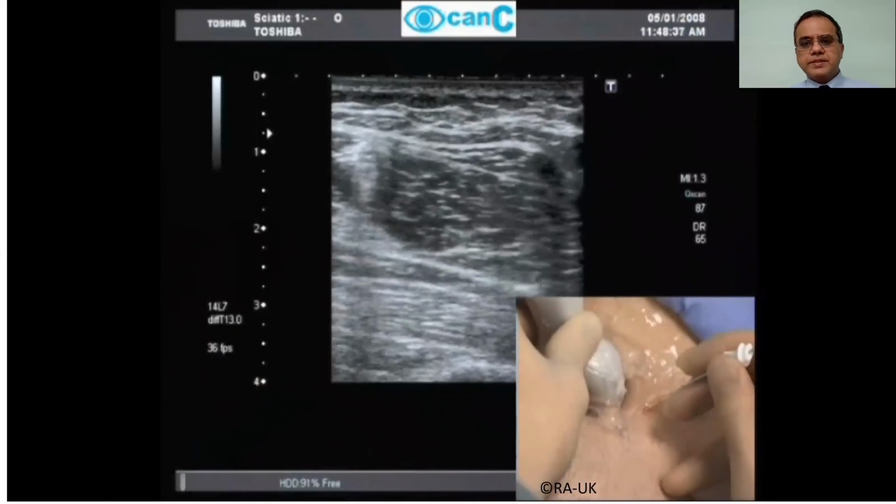You're aiming for the fascia containing the nerve. So you're not actually aiming your needle towards the nerve, but you're aiming your needle to the corner of the nerve and putting local anesthetic in the fascia containing the nerve so that the local anesthetic surrounds the nerve.